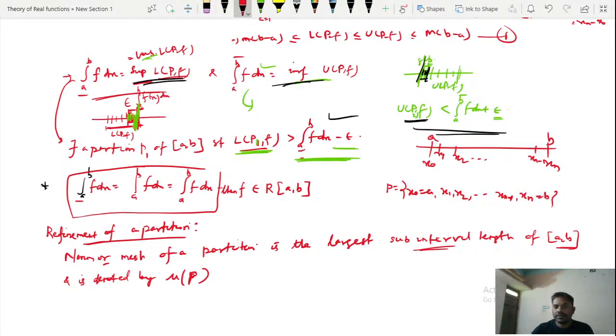Suppose you calculate the first subinterval length: del x1 is x1 minus x0.